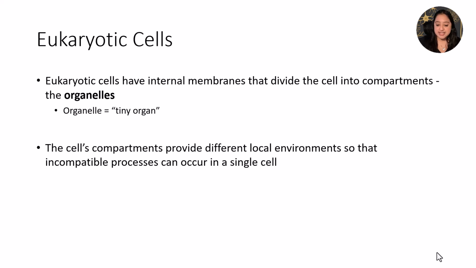There are a lot of acids and enzymes to break things down. You want that to be totally separate from your heart, which pumps the blood that's going to go to every cell in your body, right? So having different compartments with different local environments is pretty important. That's how organelles are for the cell: tiny little different local environments that can have incompatible processes occur in a single cell.